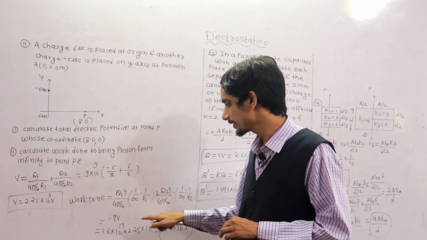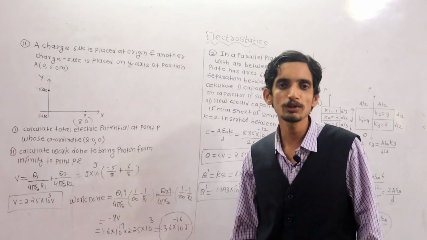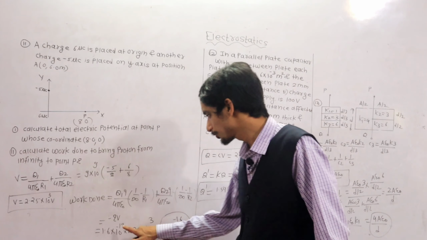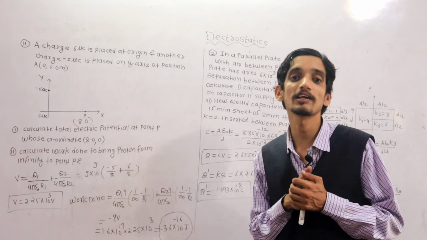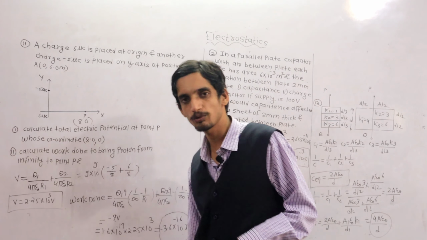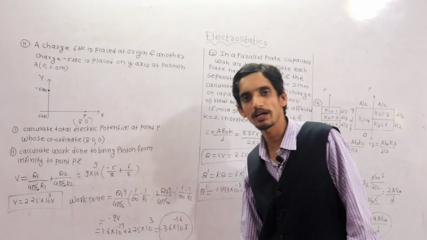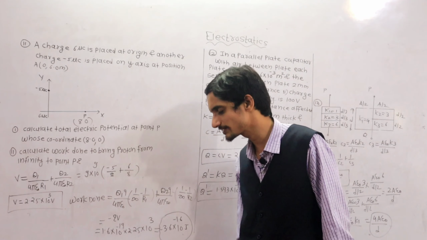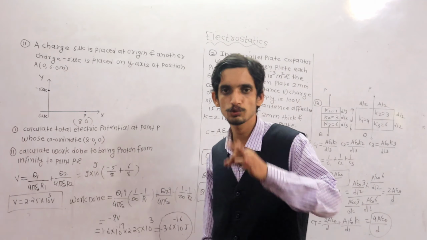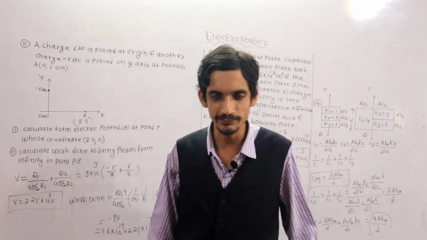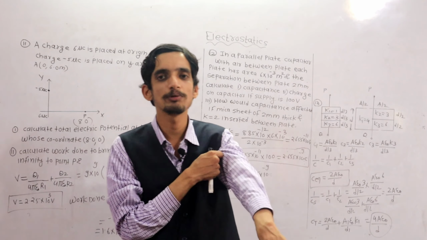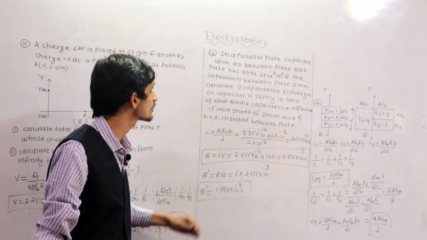Now Q is 1.6 into 10 raised to minus 19 into V is 2.25 into 10 raised to 3, which we have calculated. So the answer for this question is minus 3.6 into 10 raised to minus 16 joules, which is the work required to bring the proton from infinity to point P.